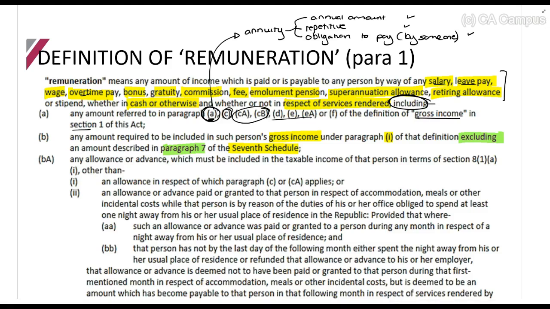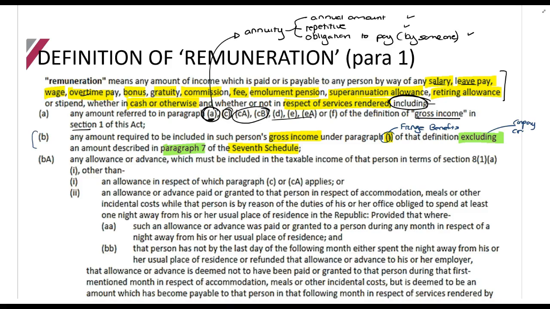Okay, so this means fringe benefits. So fringe benefits are included, but they say here, but excluding paragraph 7 of the 7th schedule. That's a company car. Okay, company cars are included in remuneration. There's just a special rule, so they're just excluding it from this discussion over here, which you'll see a little bit further down.